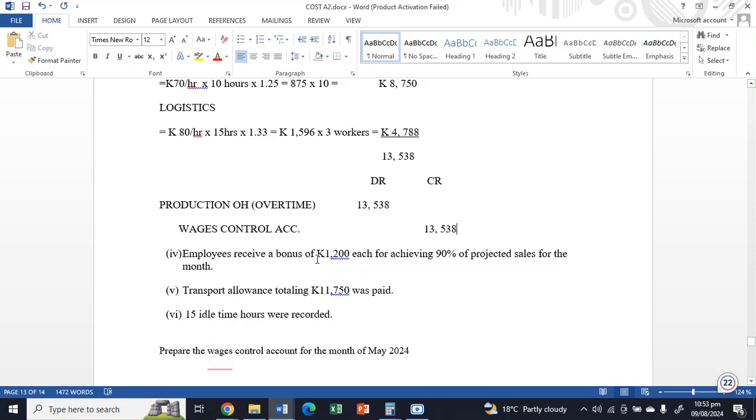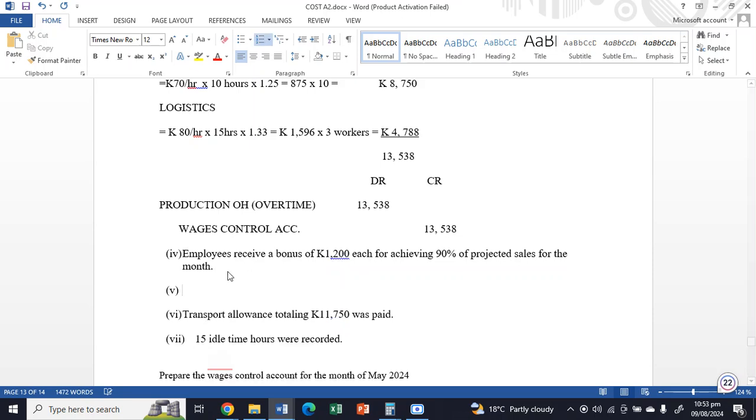Employees receive a bonus of 1,200 each for achieving 90% of the projected sales for the month. So we've got 13 employees, so 1,200 multiplied by 13 employees, 15,600.